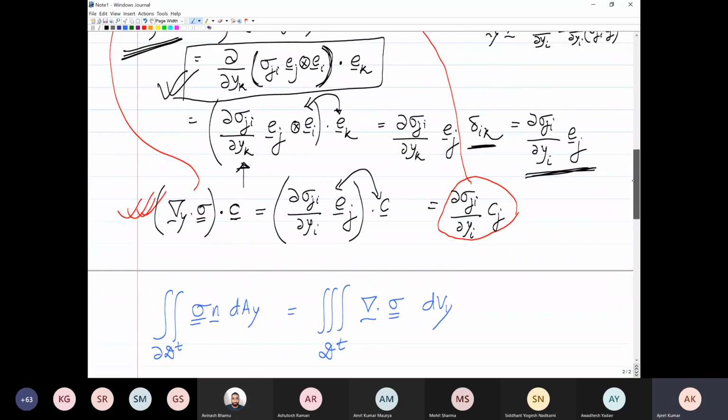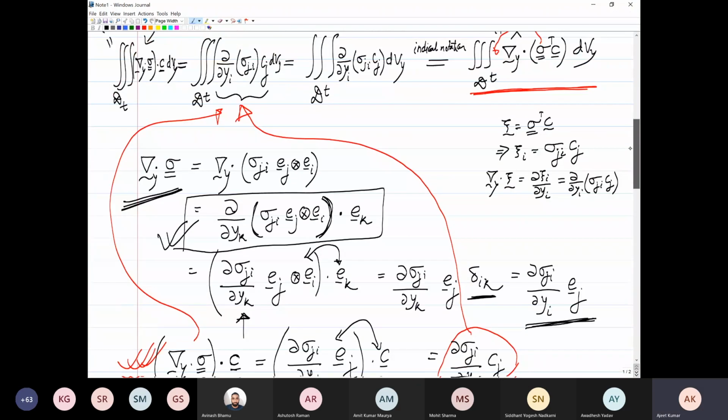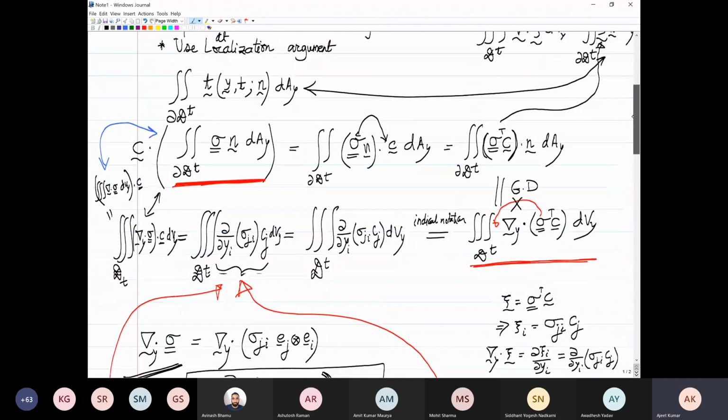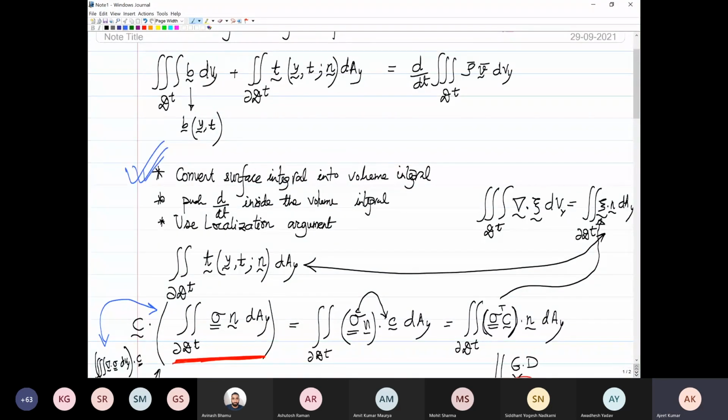Okay, so we have worked out the conversion of surface integral to volume integral. First point is done here, and we have written it as volume integral dt divergence of sigma dvy.